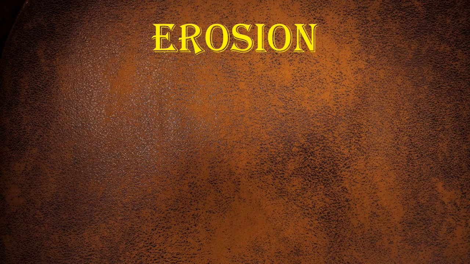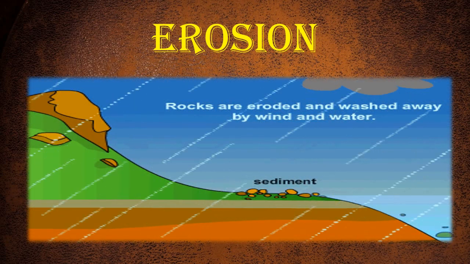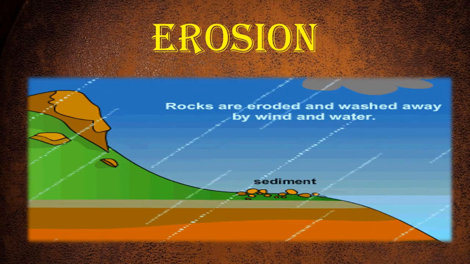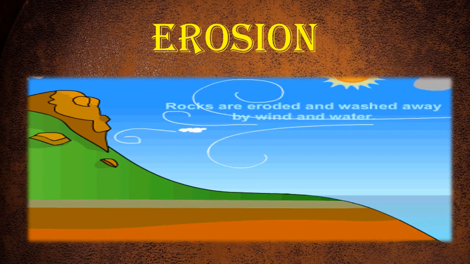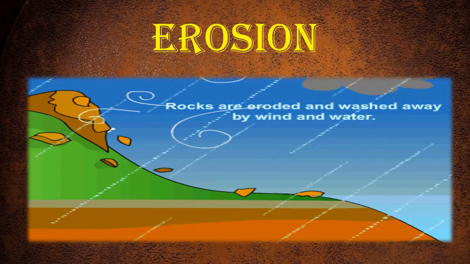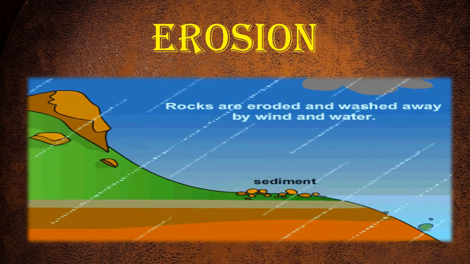Erosion also occurs on the Earth's surface. As you all know, when the rocks are eroded and washed away by the wind and water, it is known as erosion. So, like weathering and mass movement, erosion is an external process occurring on the Earth's surface.